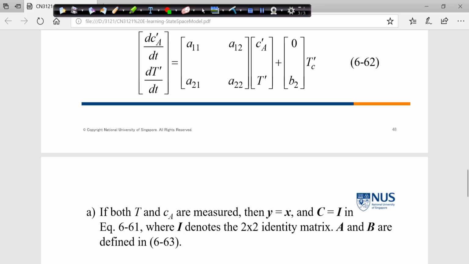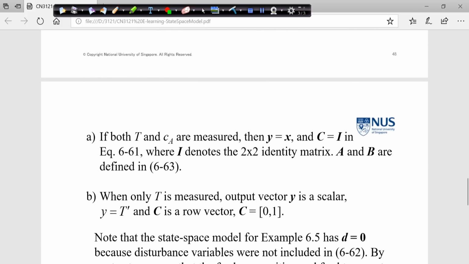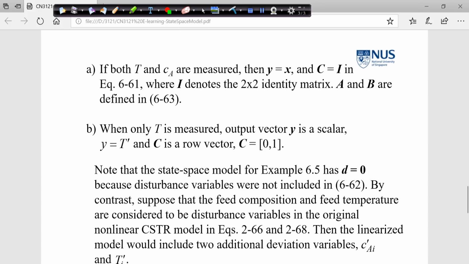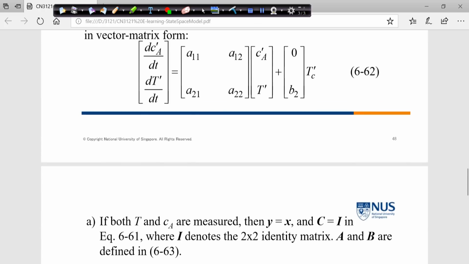X is a vector of 2 by 1. Therefore, this I should be a 2 by 2 identity matrix. And A and B are defined in the same format.